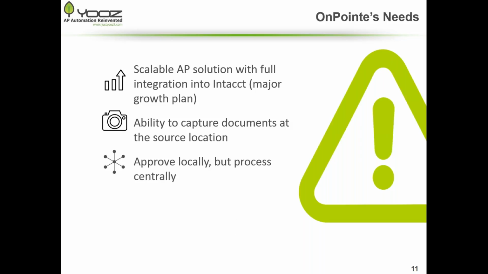They wanted to be able to approve locally but process centrally. That's coming back to the possibility of processing the documents on site. They receive their document on a specific site, capture that document and send it into the system, and be able to approve through the workflows the invoices for the users who are based at different sites without having to send that paper invoice to those specific sites.